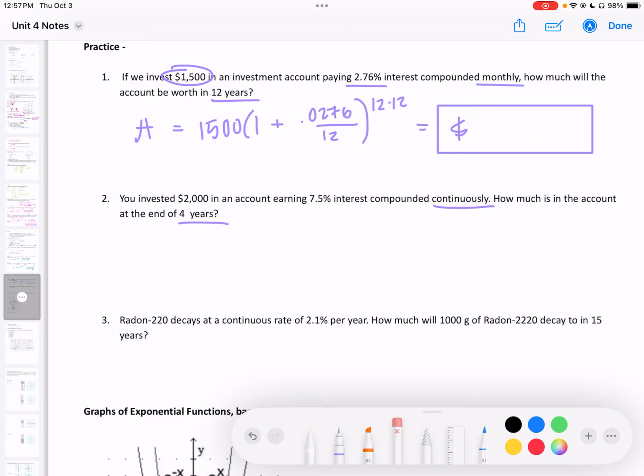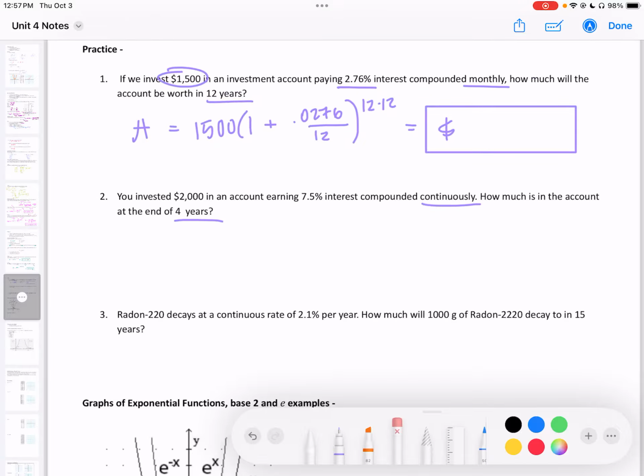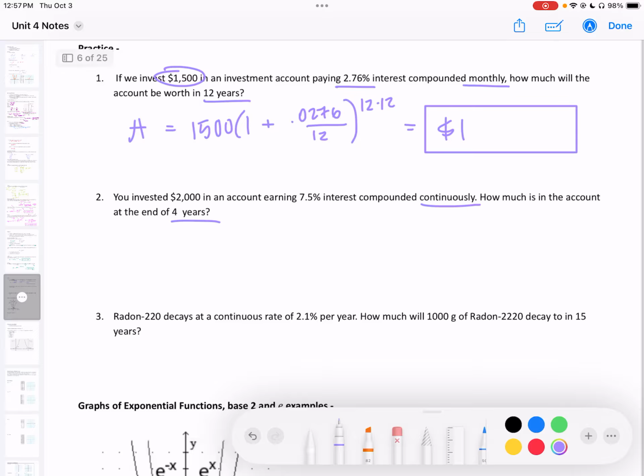I may have written the wrong number. 1,500 times 1 plus 0.0276 divided by 12, to the 24. This should be $2,085.03. Apologies for that.